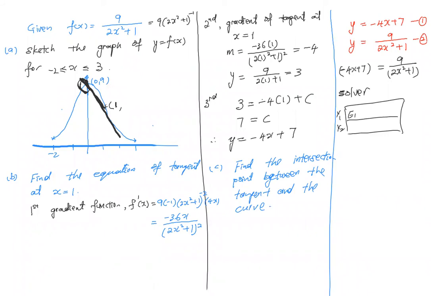Negative 4x plus 7, you have that in your y1. The x that you use here, you have to use negative. You try to put in negative 2. Then after that, you use your solver and have a look at it. See whether it will give you negative 1/4 or not. Everyone try now.